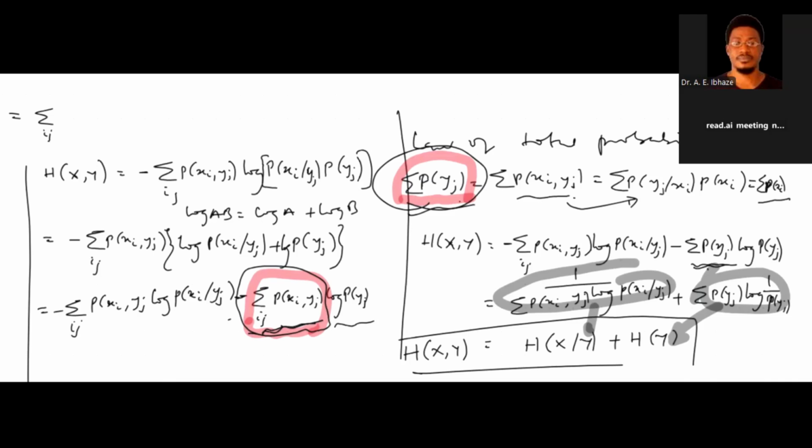Okay, now that we have done this, let us mention one important aspect that will lead us to mutual information, okay? Because we've talked about entropy as it is, and how we could establish or evaluate this entropy.